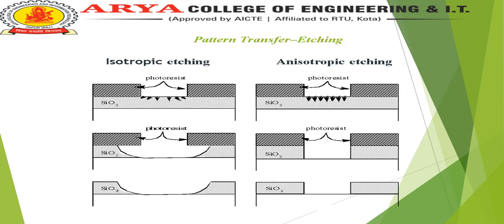Here we are seeing isotropic etching and anisotropic etching, two figures in the slides. In isotropic etching, there is a photoresist layer, and we see an SiO2 layer, which is a dielectric layer.